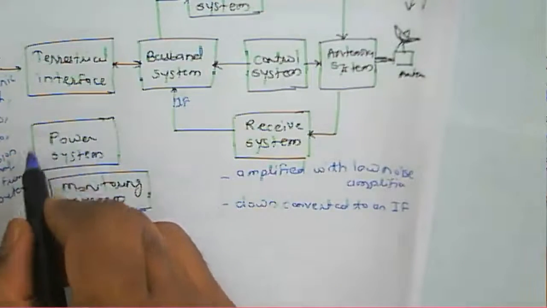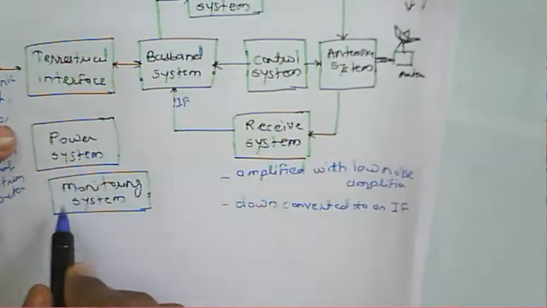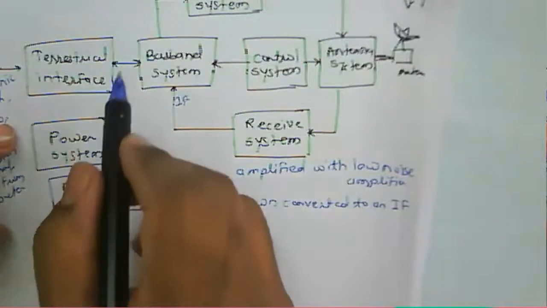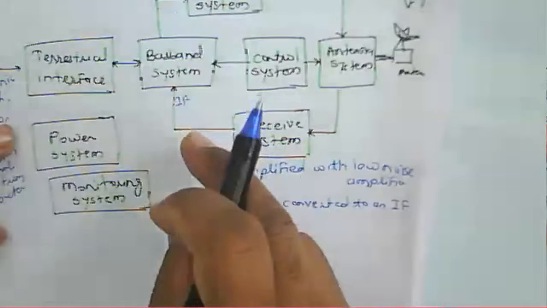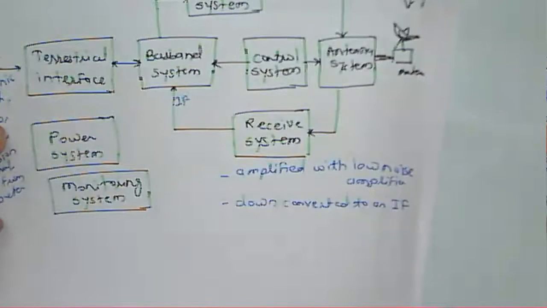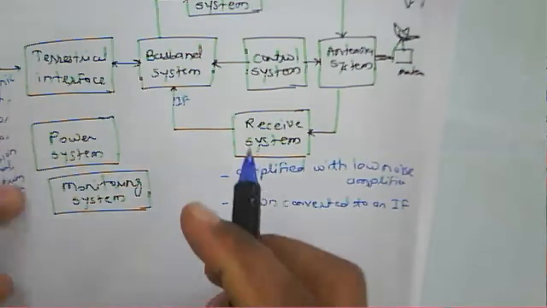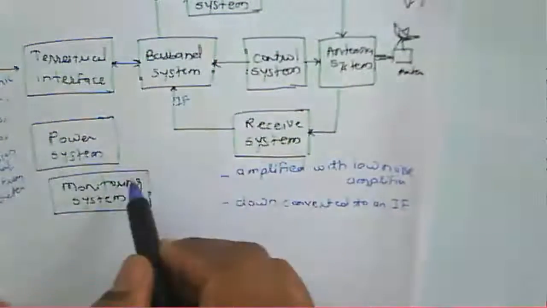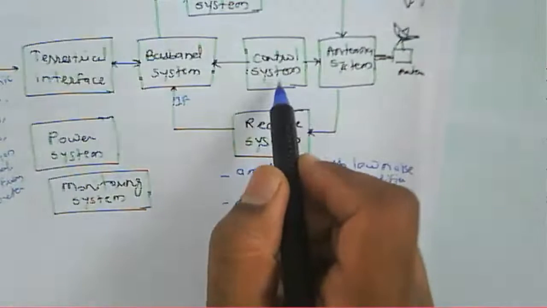Then again, it has a monitoring system. That monitoring system is used to check the health of each and every component that is present in the earth station. So that is about a transmitting earth station.